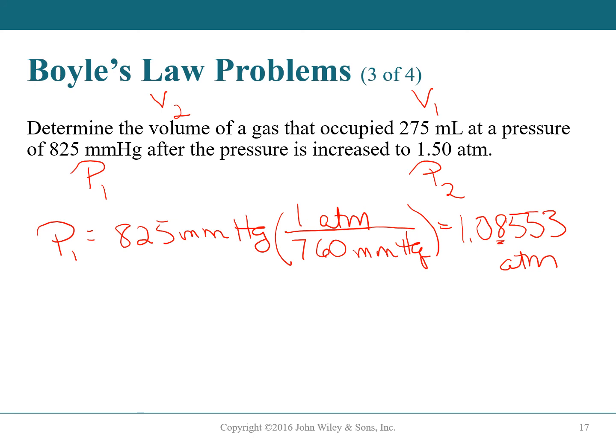Now we're looking for V2, so we're going to divide both sides by P2. Remember our initial equation, Boyle's law: P1V1 is equal to P2V2. If we're looking for V2, we divide both sides by P2.